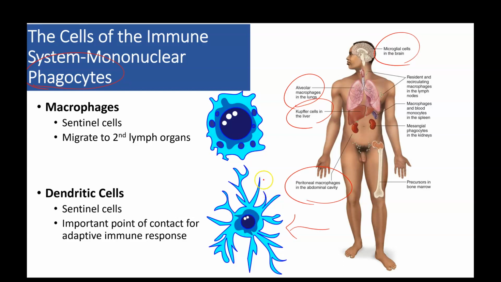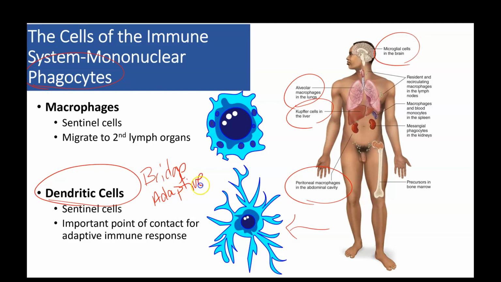And this is because it wants a lot of surface area, because dendritic cells will interact with B cells and T cells in the adaptive immune response. So even though I'm including dendritic cells in the innate immune system, it's really a bridge to our adaptive immune system as well.